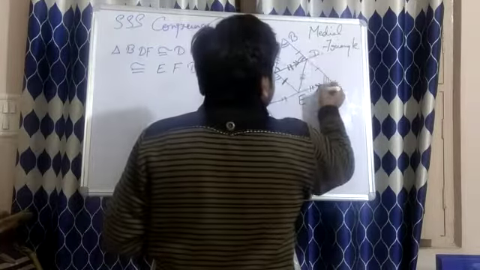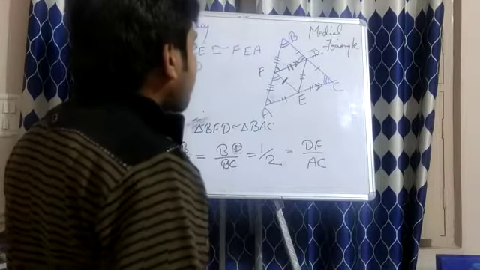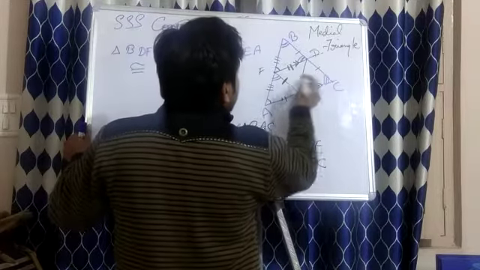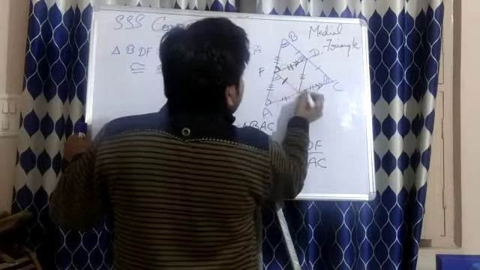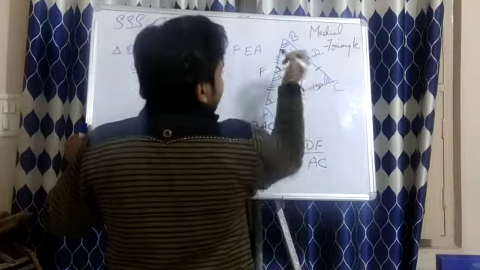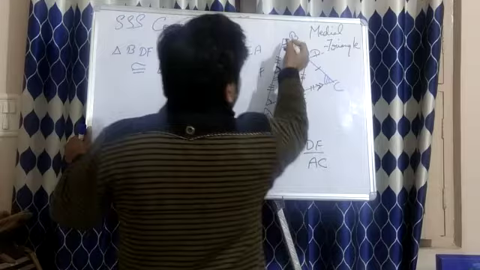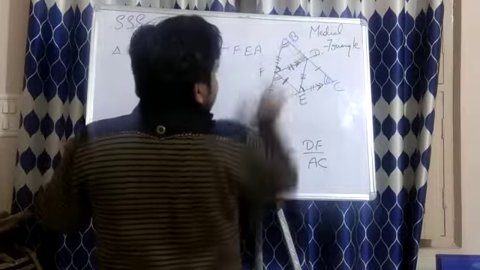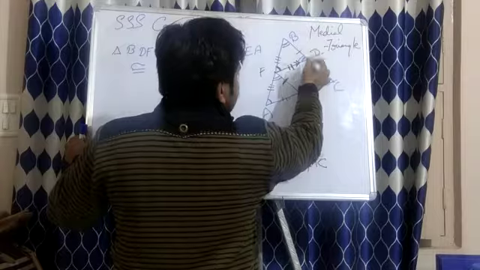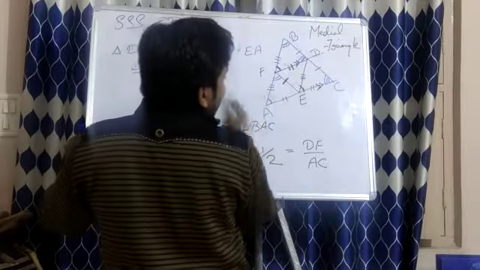This equals this, because opposite the 1 mark side this angle will be there, so opposite the 1 mark side this is. Now this line AB is parallel to line DE, and therefore corresponding angles are equal.